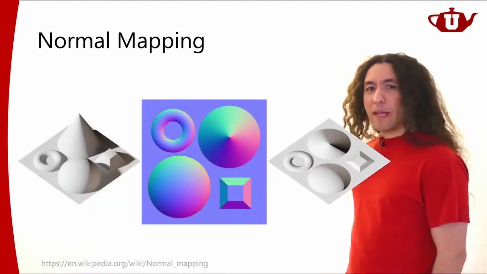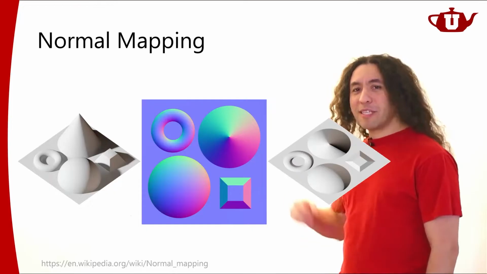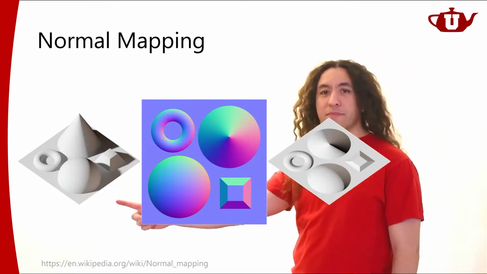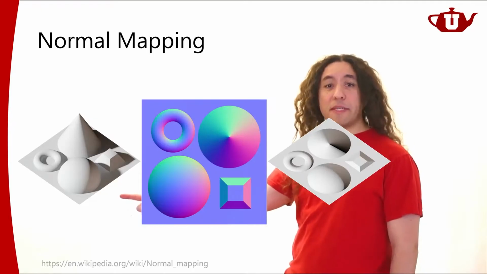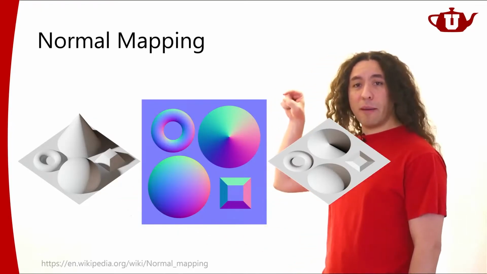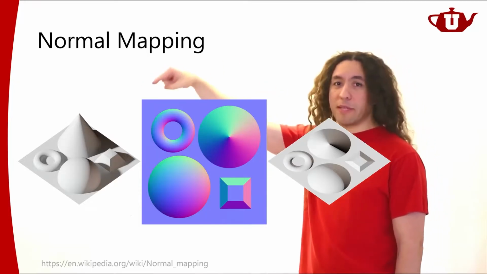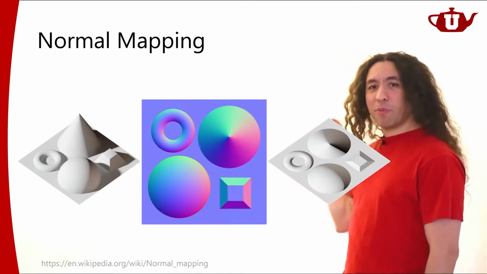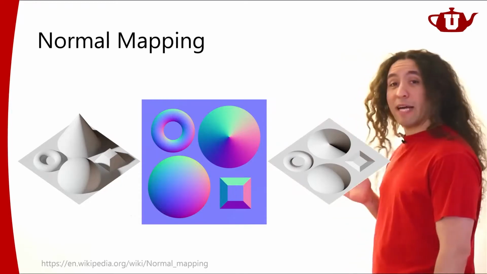So here's an exaggerated view of a normal map. This is the actual geometry where this normal map is generated from. From this geometry, I can generate this normal map by looking at the surface normals at any point, and I can apply that normal map to a flat surface.